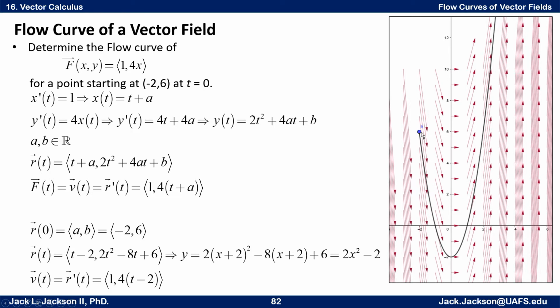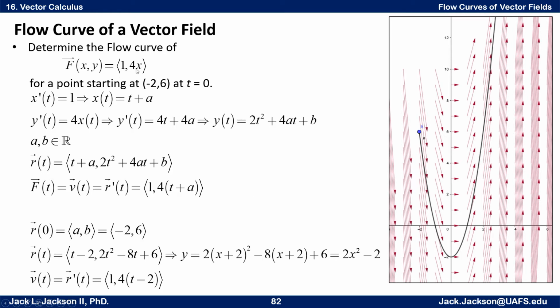If we were to take any point along this curve and look at the vectors, they would be tangent to it. All of them over on this side are pointing down to the right. At the bottom here, it's pointing directly to the right. And up here to the right of the vertex, the vectors are pointing up and to the right. Notice they're all going to the right 1, so all the vectors are going to the right the same amount.